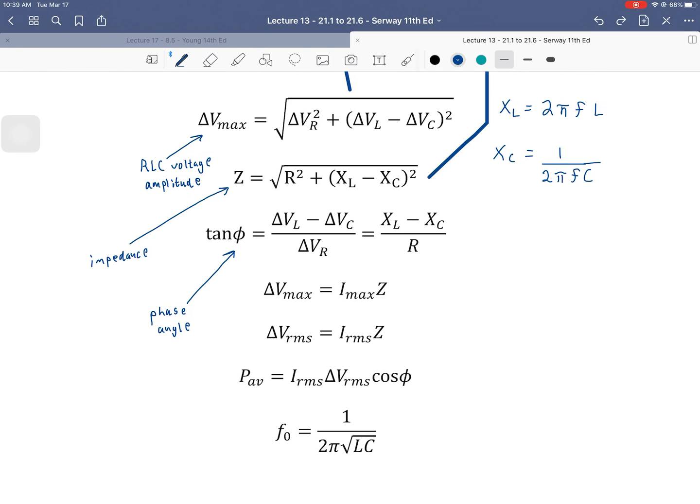And then we've got a couple more formulas down here. So this is just showing how to use Ohm's law for an RLC circuit. So a couple ideas we've seen before, but now just extended to our RLC circuit.